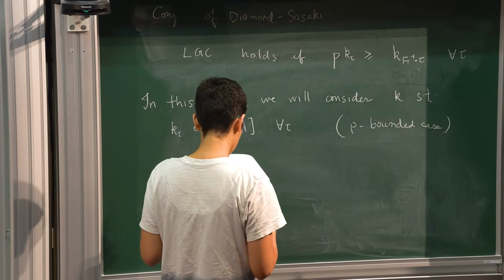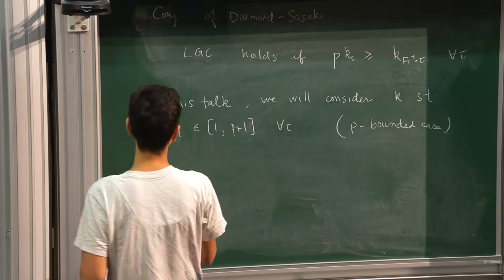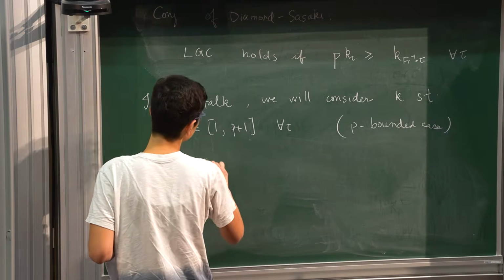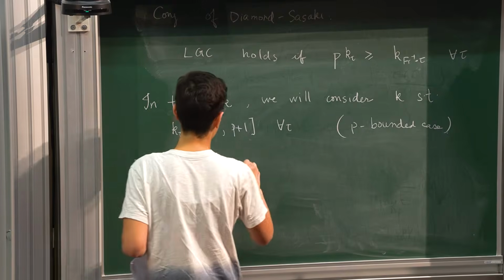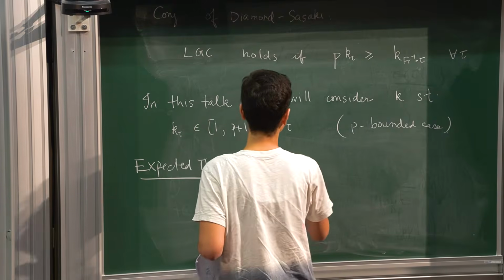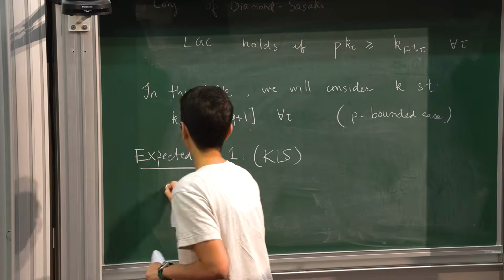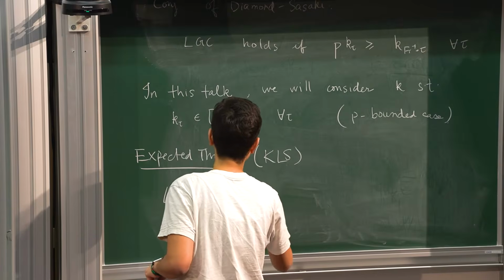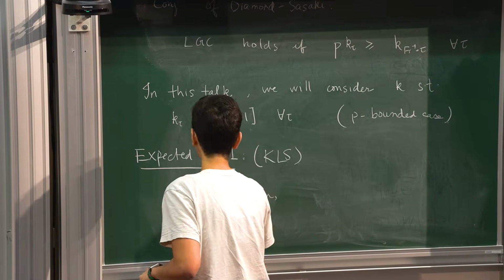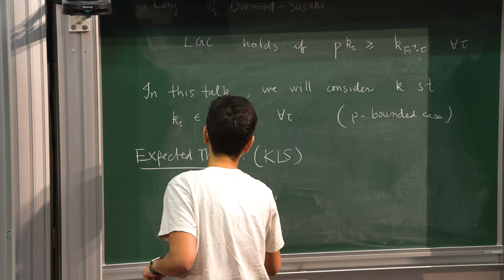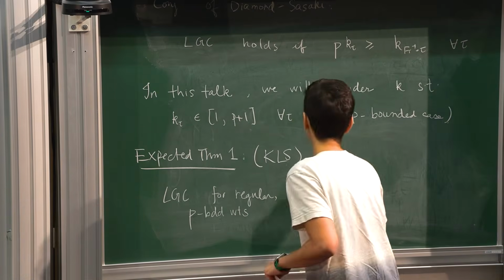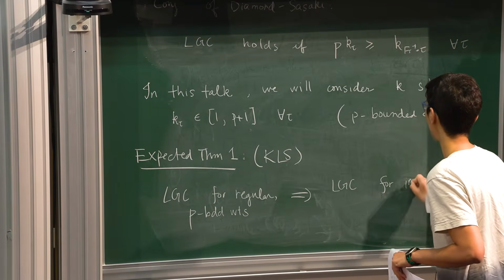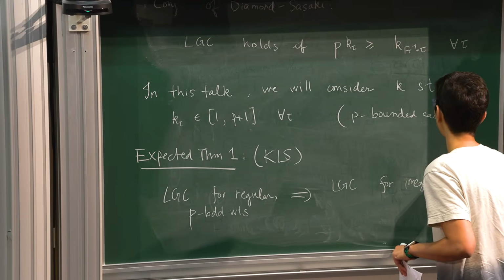Okay. All right, so let me state our expected theorem 1, which is our main theorem. Local global compatibility for regular p-bounded weights implies local global compatibility for irregular or partial weight 1 p-bounded weights.